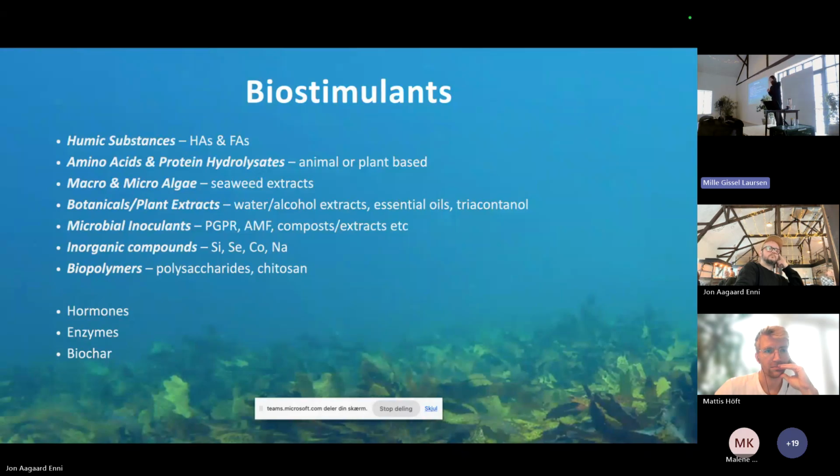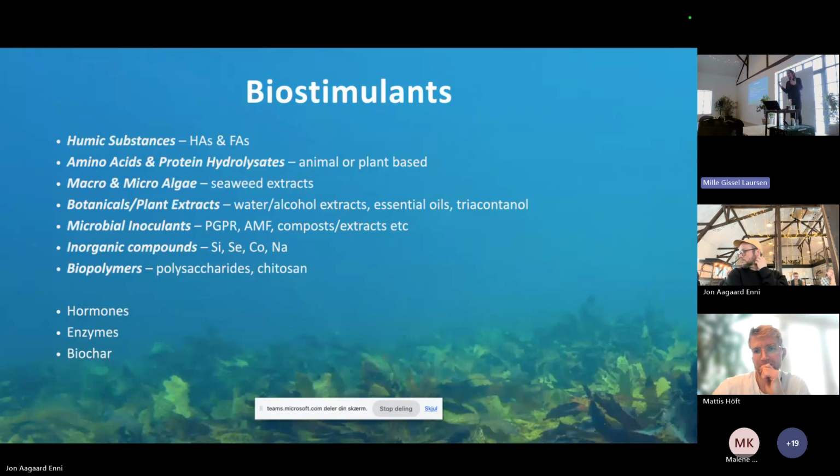And to give you some examples of the common and main biostimulants, you've got the humic substances, humic and fulvic acids. You've got amino acids and protein hydrolysates, which we touched on today. Not only are amino acids organic sources of nitrogen and valuable for that reason, but they also have these biostimulant-type effects. You've also got algae, so seaweed and kelp-type extracts are very common.